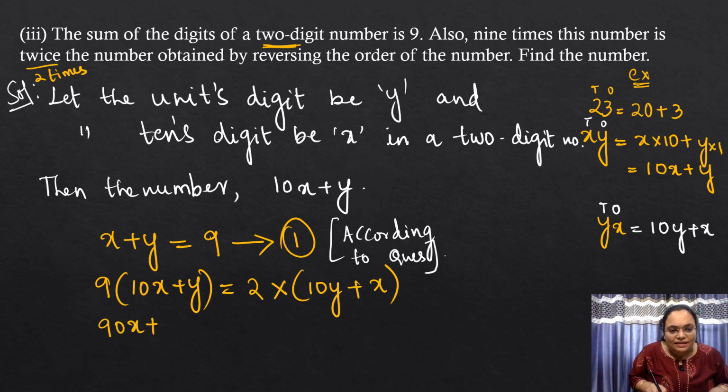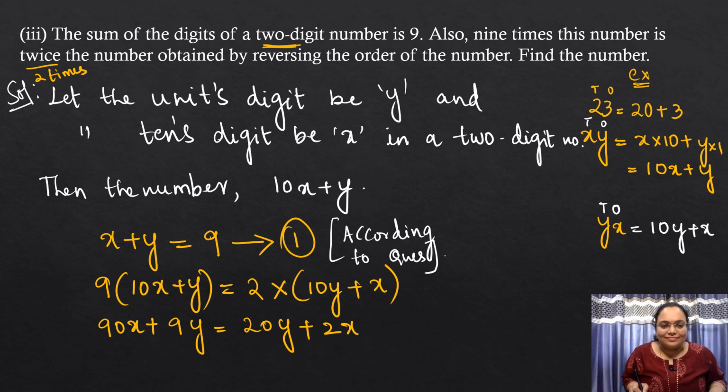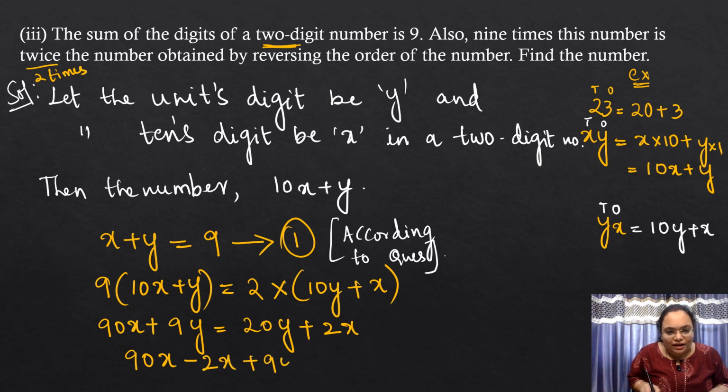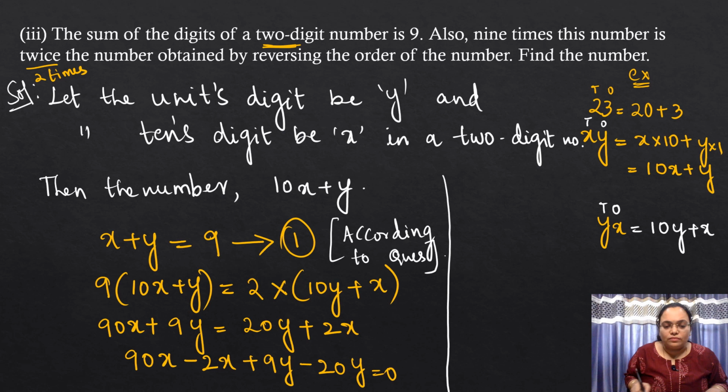90x plus 9y is equal to 20y plus 2x. Now get all x and y terms to one side. 90x minus 2x plus 9y minus 20y is equal to 0.